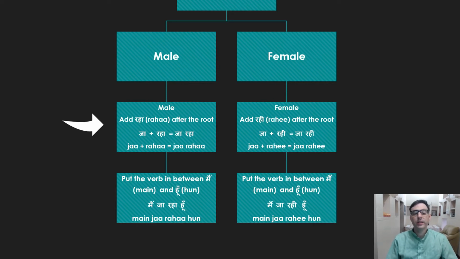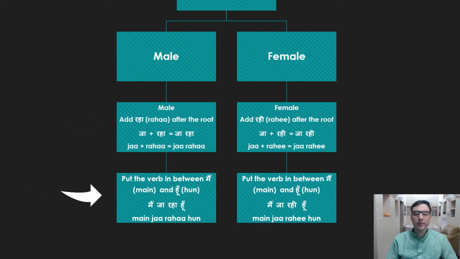Now note here that the raha is written as a separate word. Ja and raha are two separate words. Whereas in the previous tense, we simply added ta to the root to give us jaata. That was one word when we were working with the present habitual. Now in present continuous, they're written as two separate words.